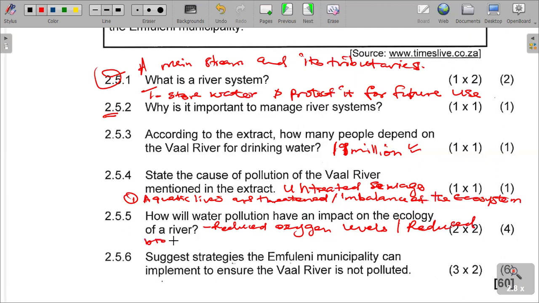As well as maybe increased nitrates which causes algae growth.